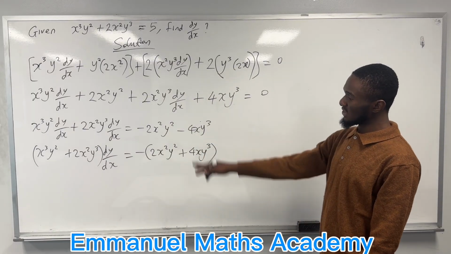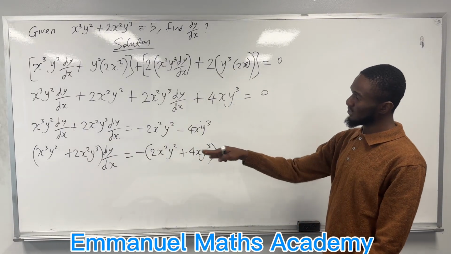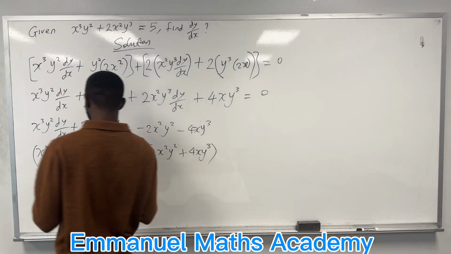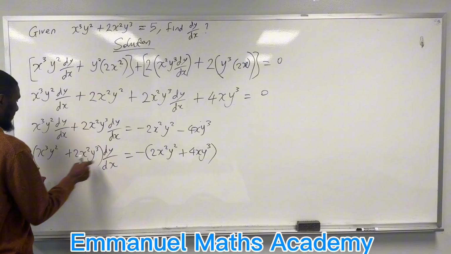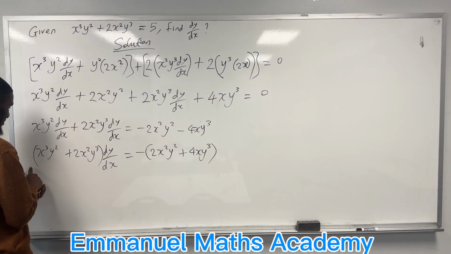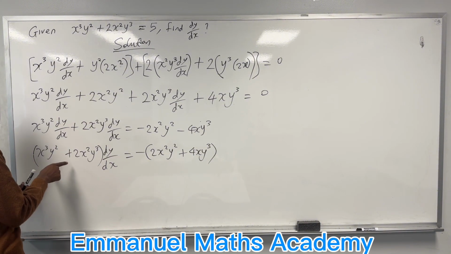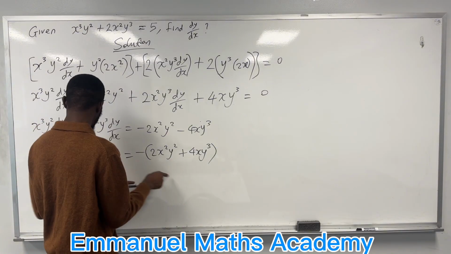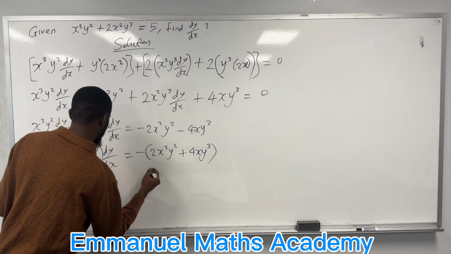So making dy dx the subject actually means dividing both sides with the coefficient of what? dy dx. So what's the coefficient of dy dx? The coefficient of dy dx is everything you have here. So you divide through with everything you have here. So this divided by everything you have here, it cancels out. Hence you have 1 times dy dx. You also divide through by the same thing here. So this is what?